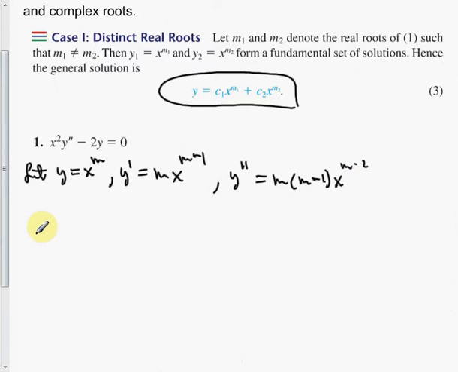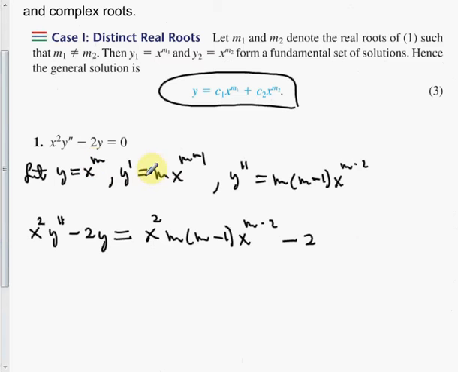So I look at the equation. This is x squared times y double prime minus 2y equal to 0, but let's just write what it is. This is x squared, y double prime is m times m minus 1 times x to the m minus 2. Then this is minus 2y, but y is x to the m.